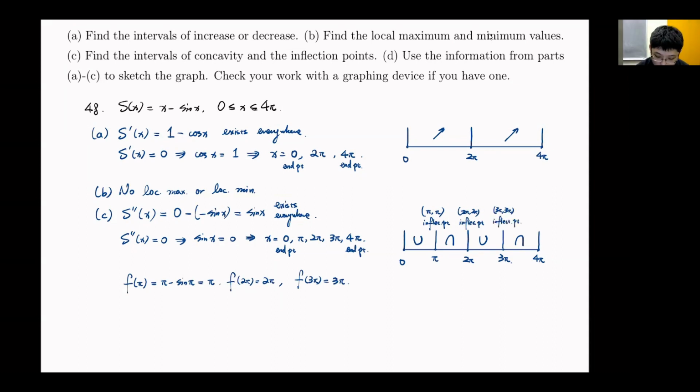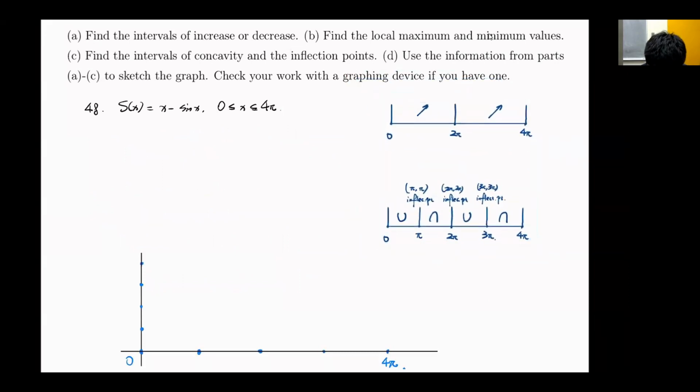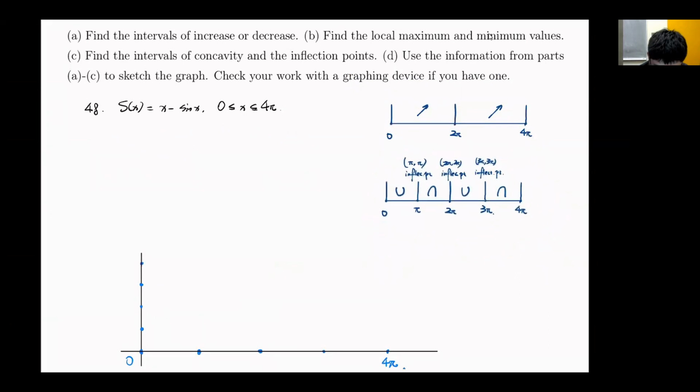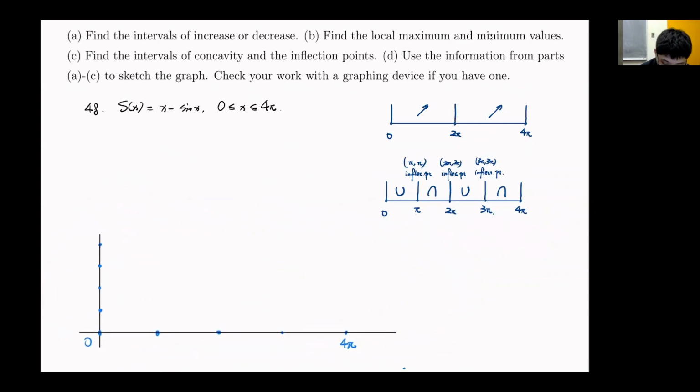Okay, now let's copy the information we have obtained over here and proceed to draw the graph. First, we are interested only in the parts where x is between 0 and 4 pi. So when I draw the coordinates, I can draw like this. The important numbers are pi, 2 pi, 3 pi, and 4 pi.